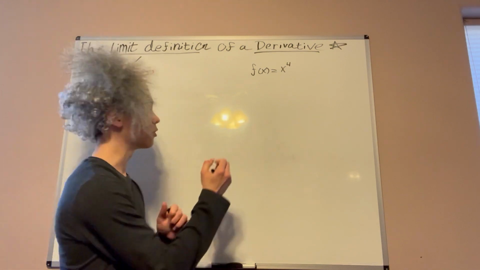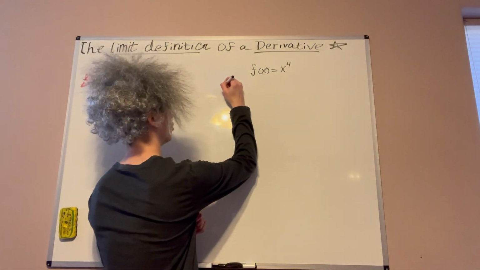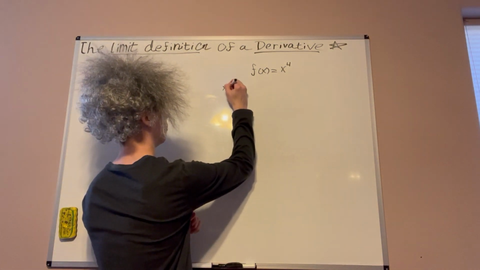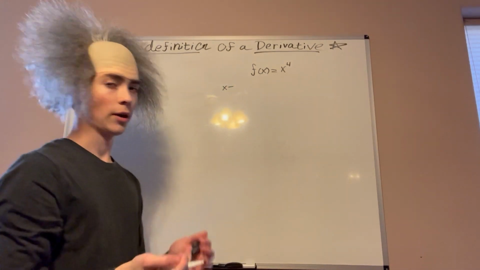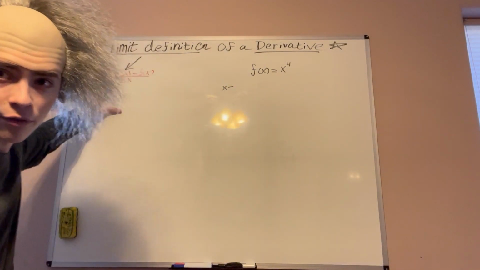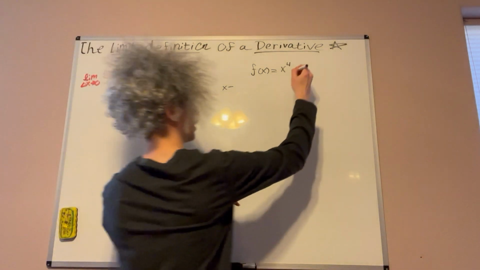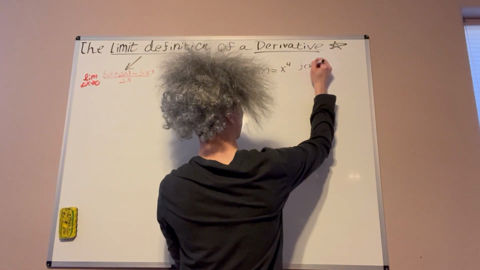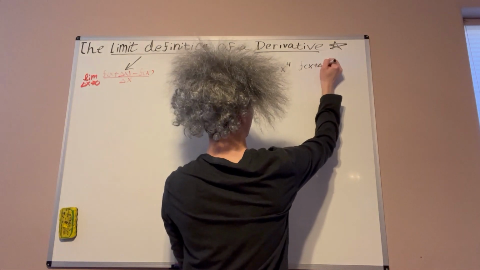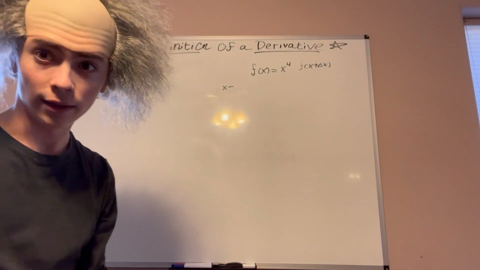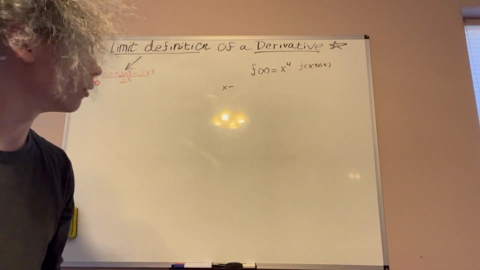So let's write out our difference quotient. When we are doing f of x plus delta x, we are trying to find what f of x plus delta x is. We're inputting that into our function like if we were to plug in 1 or 2 or 3.